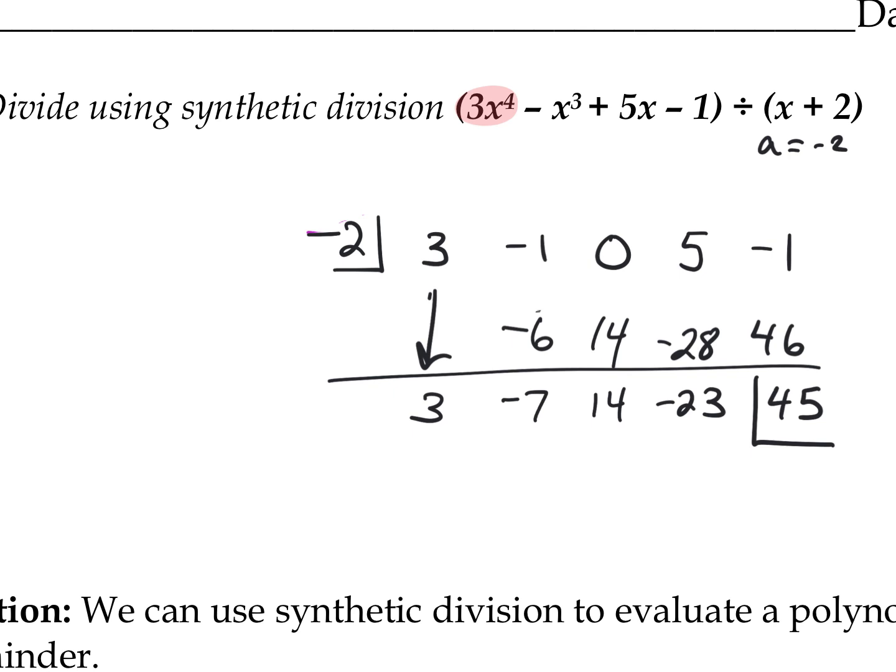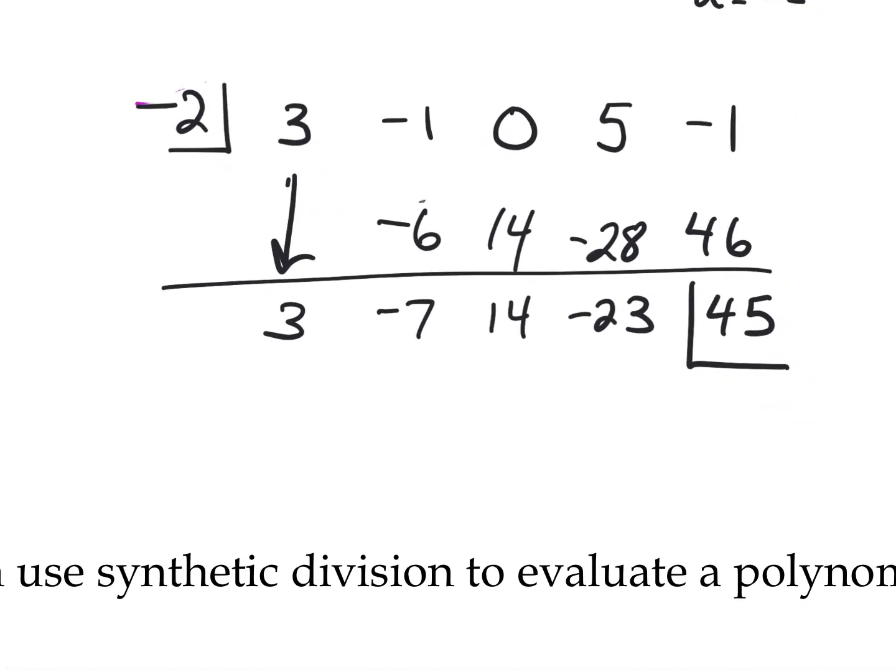I think the hardest part about synthetic division is going from here to our solution, just because sometimes people make small mistakes. So what we're going to do to finish this problem up is work right to left. The 45 gets divided by x plus 2. The -23 remains by itself. The 14 gets multiplied times x.